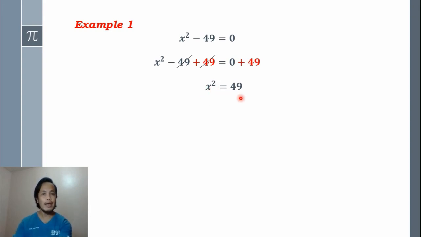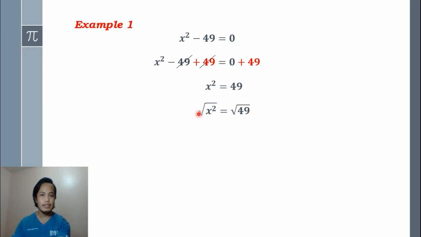We will now apply the extracting square root. We need to extract square root in order for us to eliminate the exponent of x here. We need to extract square root at the left side of the equation, the same thing also at the right side of the equation. So this becomes the square root of x squared equals the square root of 49.